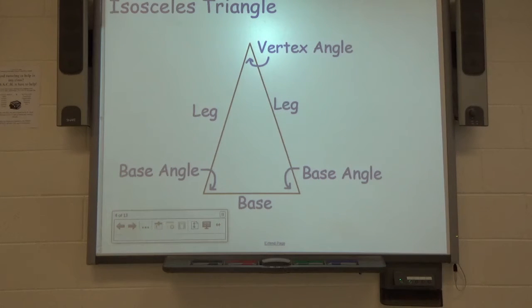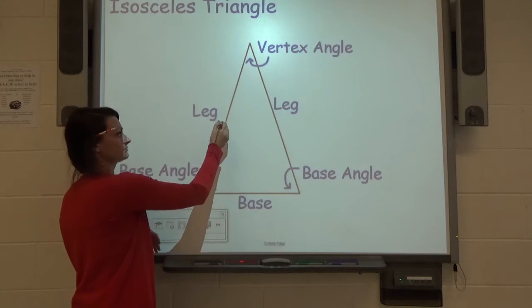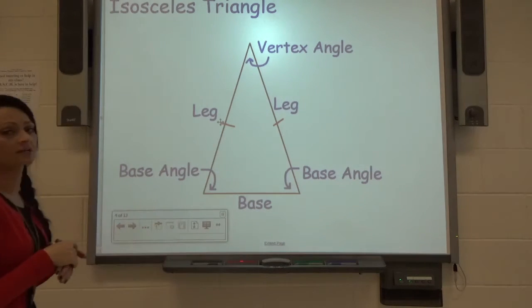A little bit more information about an isosceles triangle. On an isosceles triangle, there are two legs and a base. So those three pieces of information represent sides. And based on what we saw earlier, I know that those two legs are congruent.